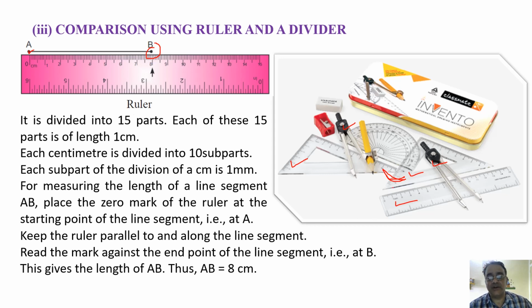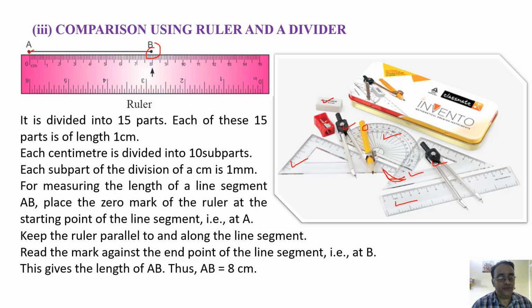Very good. And this is a protractor. This is an eraser, this is a sharpener, and this is a pencil. These are the geometrical instruments available in the geometrical box.